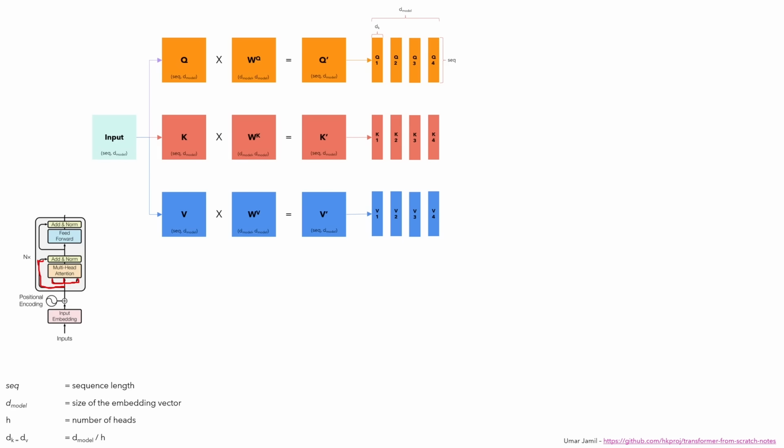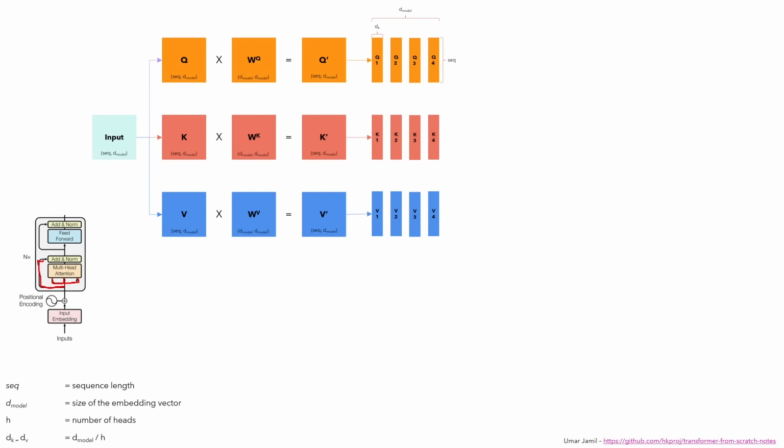So if we have an embedding of, let's say, 512, it will become smaller embeddings of 512 divided by 4. And we call this quantity dk. So dk is D model divided by h, where h is the number of heads. In our case, we have h equal to 4.